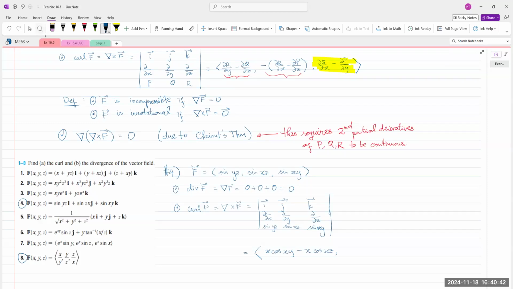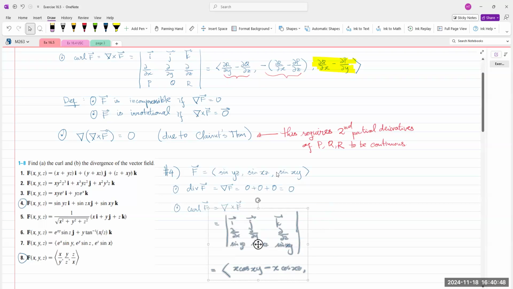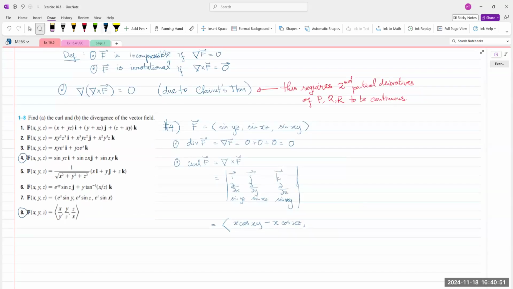The second component will be negative of y cosine xy minus y cosine yz, comma, the third component will be z cosine xz minus z cosine yz.